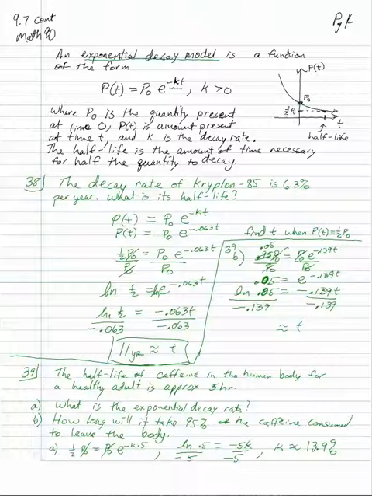Alright, let's try that. ln 0.05 equals, because remember, 100% to start with, we consume 95% or metabolize it, so we're left with 5%. So that's negative 2.999 divided by negative 0.139.